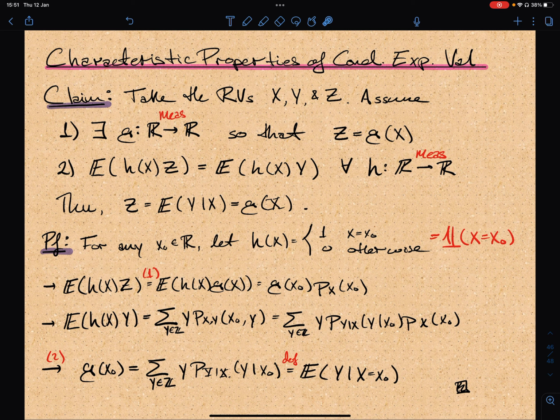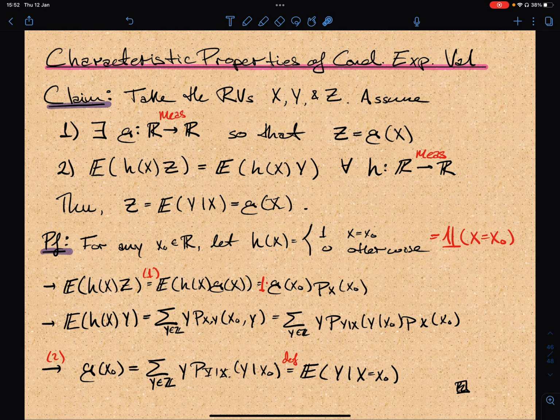And since h is equal to 0 if x is not equal to x naught, then the only term contributing to this weighted average of h of x times g of x is when x is equal to x naught, and in that case h is going to be 1, so it should be really 1 times this, and then we weigh it by the probability that x is equal to x naught.